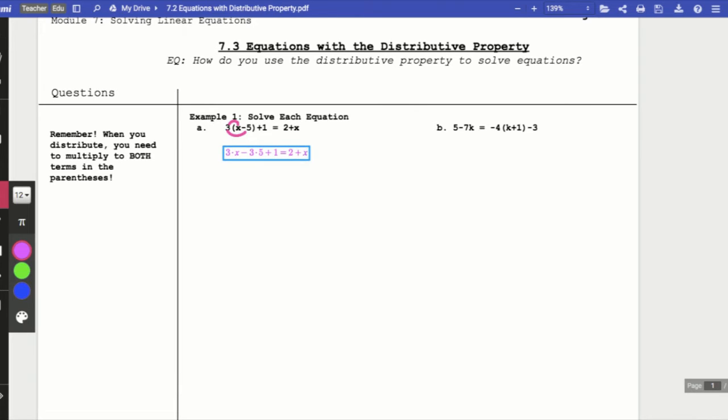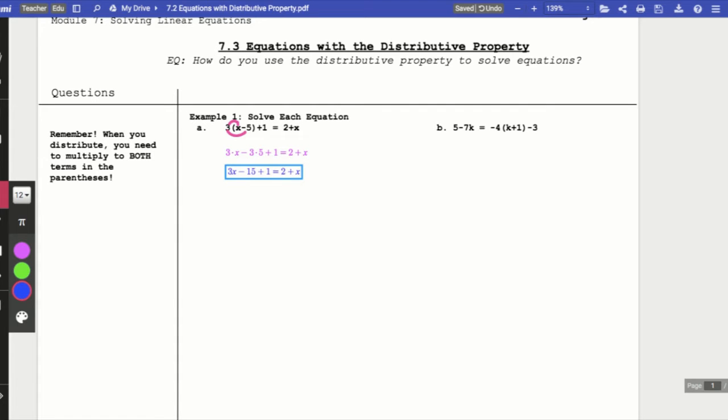Nothing changed on the right. All I did was multiply that 3 into the parentheses. Now I have to combine my like terms. So I have 3x minus 3 times 5, which is 15, plus 1 equals 2 plus x.